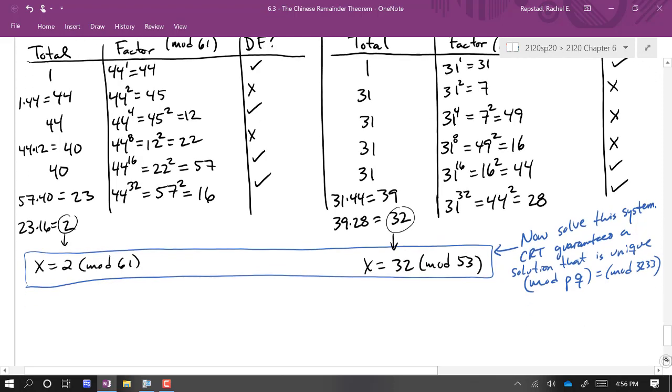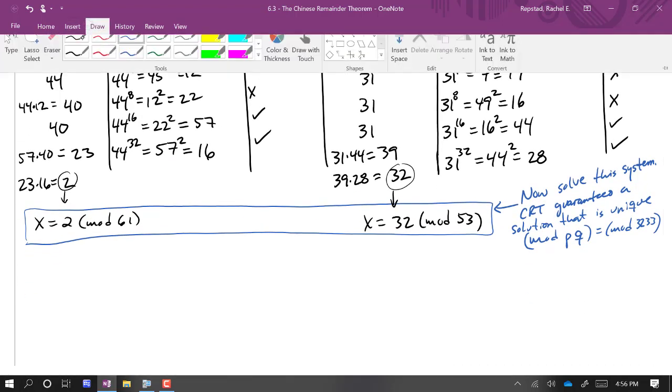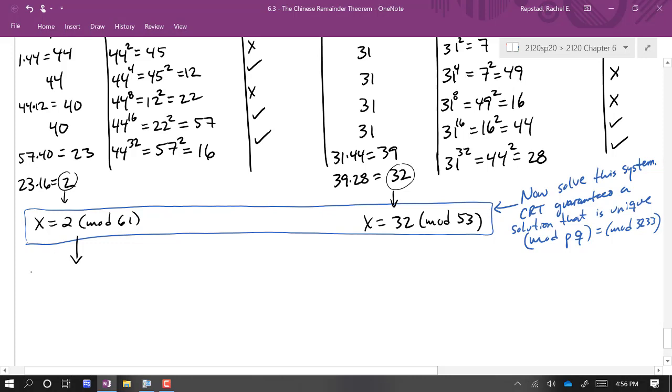Okay, so I'm going to start on the left side here. x is 2 mod 61. That means it's 2 more than some multiple of 61, so 61r plus 2. Now I'm going to take this expression for x and use it to rewrite this congruence equation. So 61r plus 2 is equal to 32 mod 53.